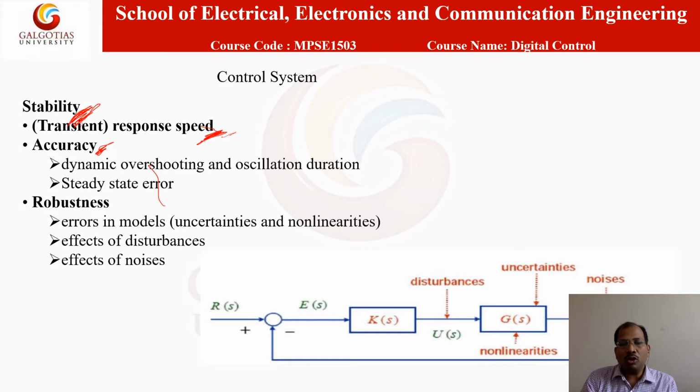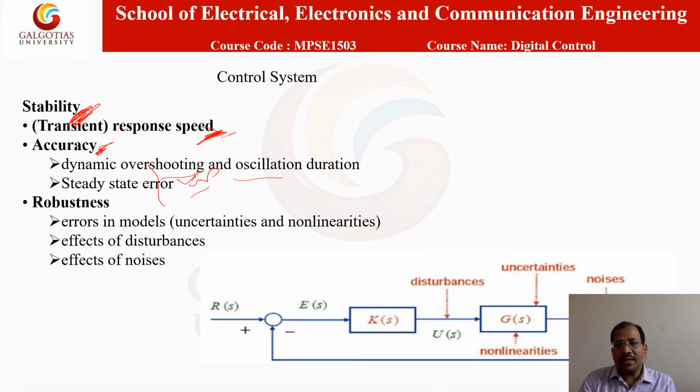These are the time domain characteristics, and they should be proper. If the system has larger oscillations, we cannot achieve the steady state, so there are steady state errors. These oscillations or overshoots create errors, so we have to consider them. These terms affect accuracy.